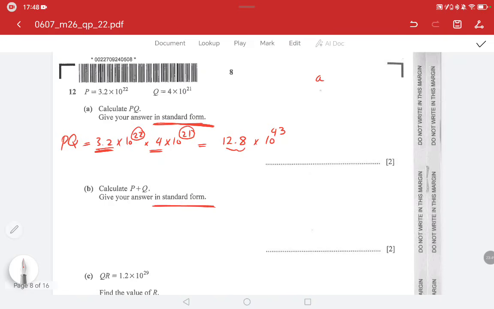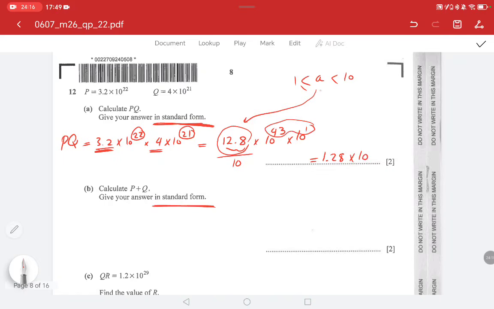As you know, A should be greater than or equal to 1 and less than 10. So what to do? We have to divide by 10 and multiply by 10. So 12.8 divided by 10 will be 1.28. And then you add, this is 10 to the power of 1, so when you add them, it will be 10 to the power of 44.